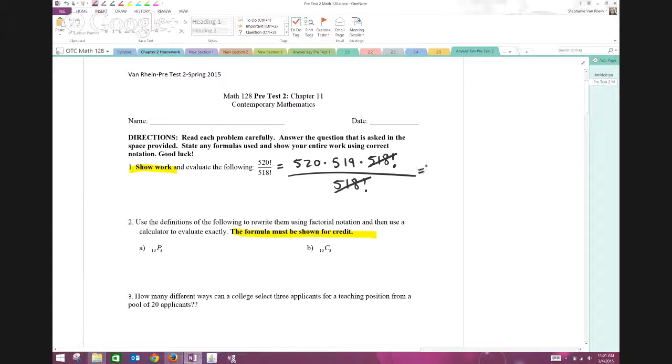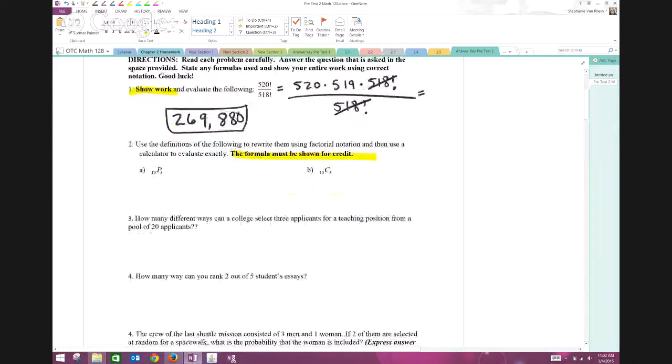That's going to simplify, and I'm going to take 520 times 519 and get 269,880. You can definitely check yourself by plugging that in your calculator, but this is the kind of work I want to see, how this 518 cancels on top and bottom there.